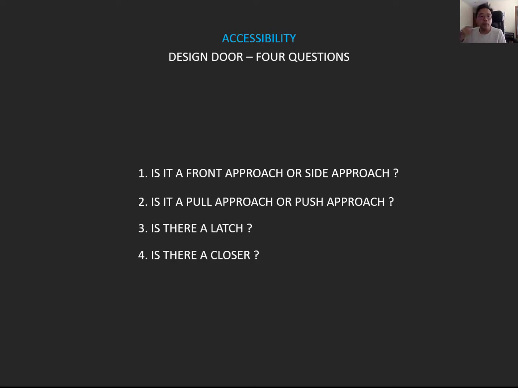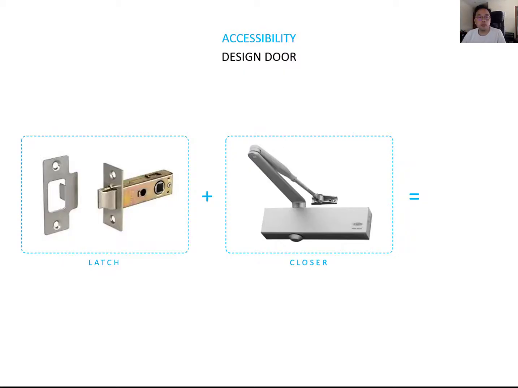But we need a bit more on the latch and the closure. This is a latch and this is a closure. If you have a latch, the door automatically closes temporarily. And a closure automatically closes the door after it is opened. Usually a closure is used for the fire rating door because this door has to be closed every time to protect against fire spreading.